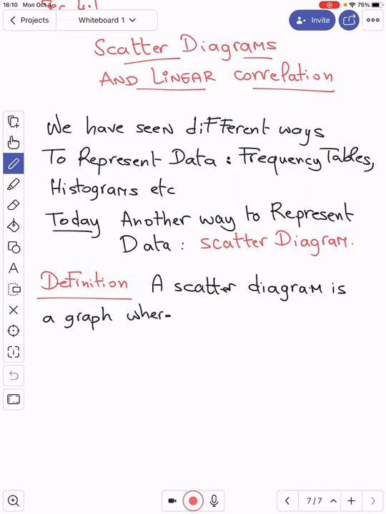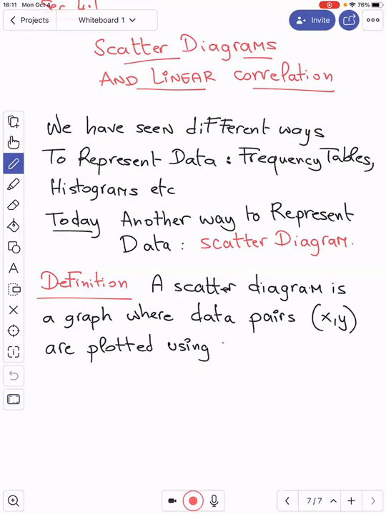It's a graph where data points are pairs. We're gonna have a pair of variables, X and Y, and we're gonna plot the pairs X, Y. So you're gonna use, of course, an X axis and a Y axis.